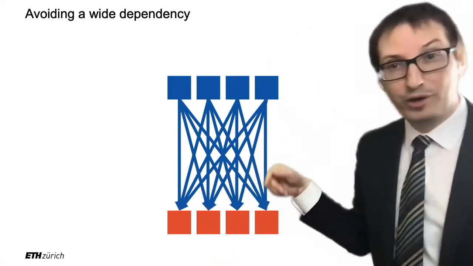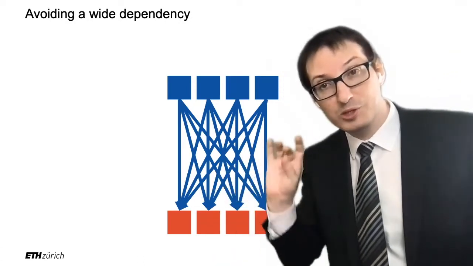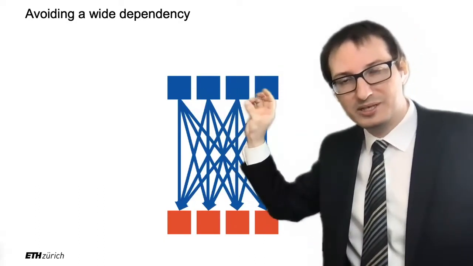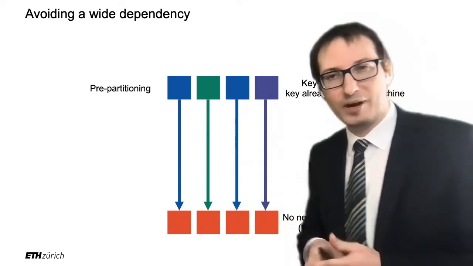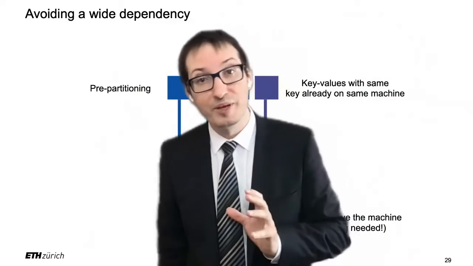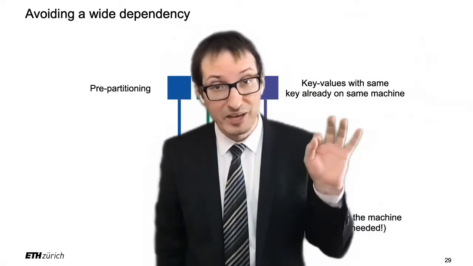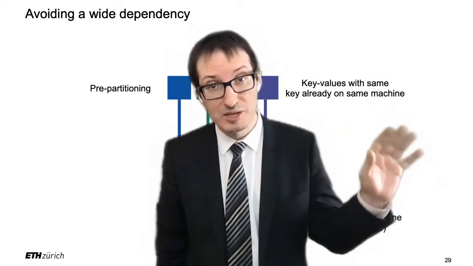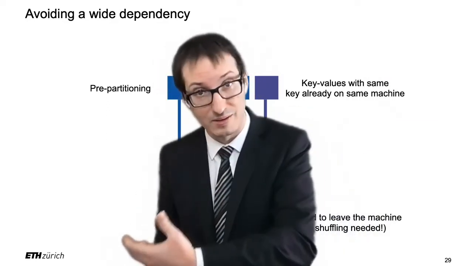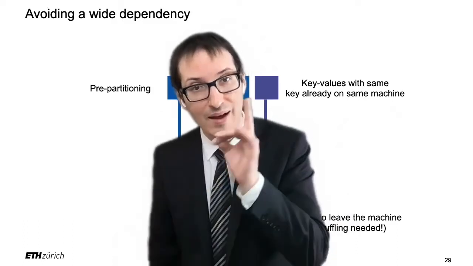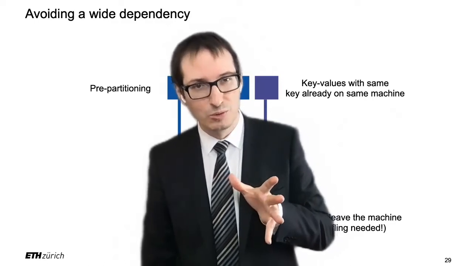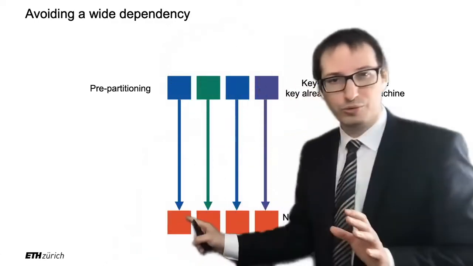Sometimes you can avoid a wide dependency if you smartly pre-partition the data. It means that if you spread it over machines in a smart way, for example, if you're about to group your data, but before grouping it, you already make sure that all the values in the same group are always on the same machine before you start applying the transformation, then you no longer have the wide dependency problem, because you have all you need to compute a value on the same machine.